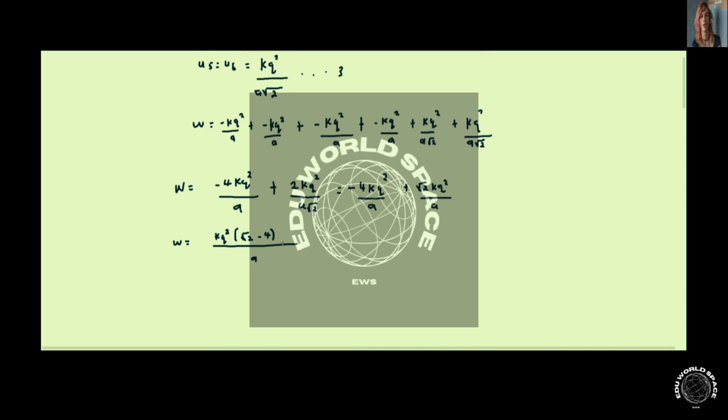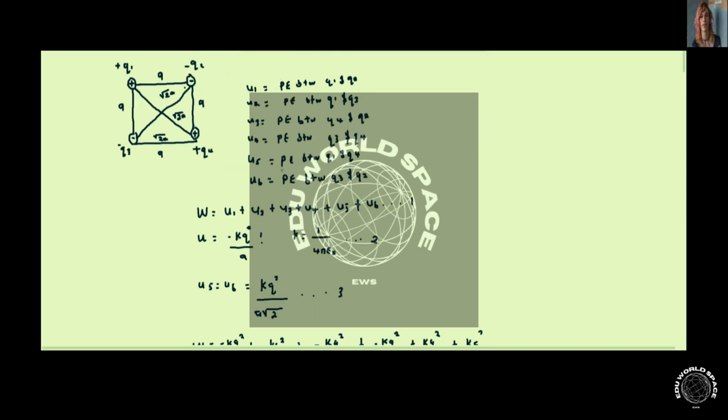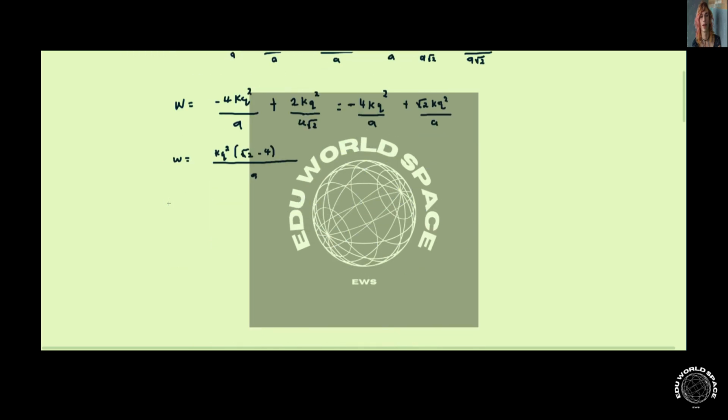And we know what our Q is, right? They're all the same thing. It's 2.30 picocoulombs.